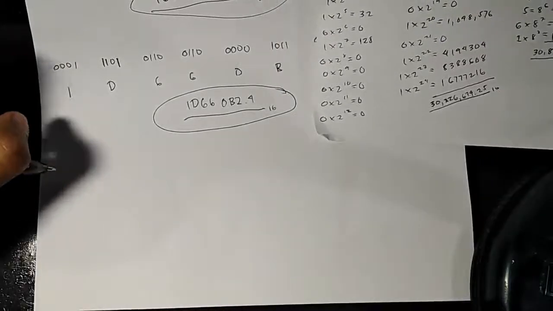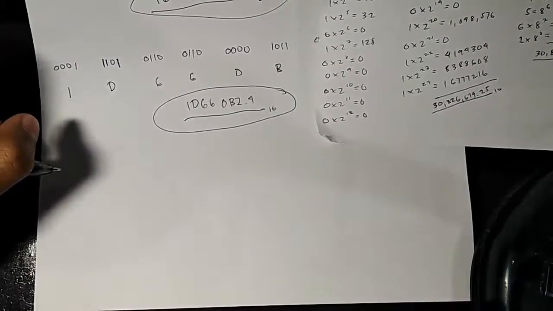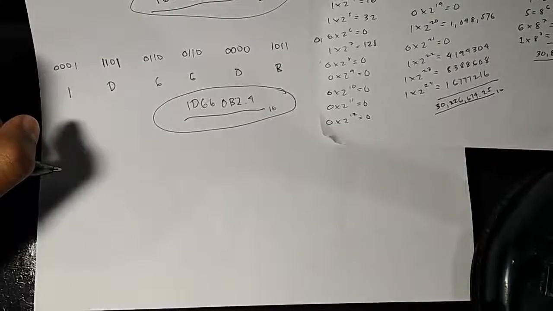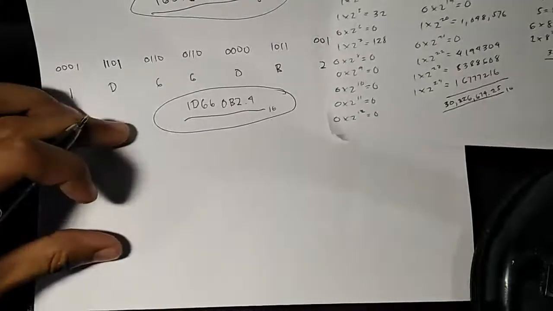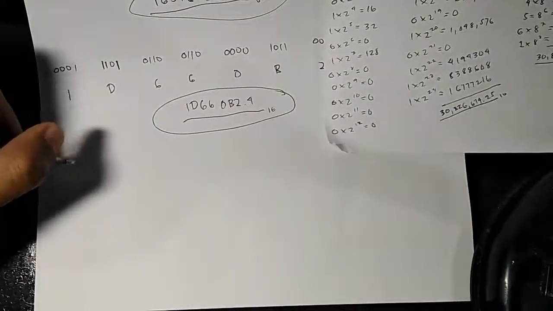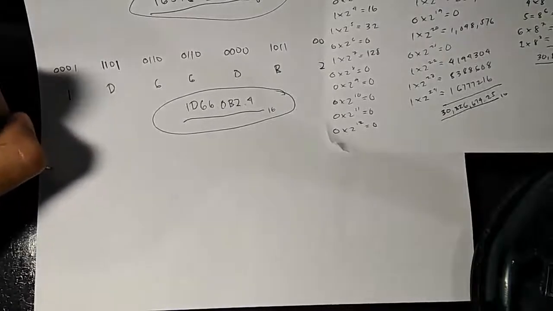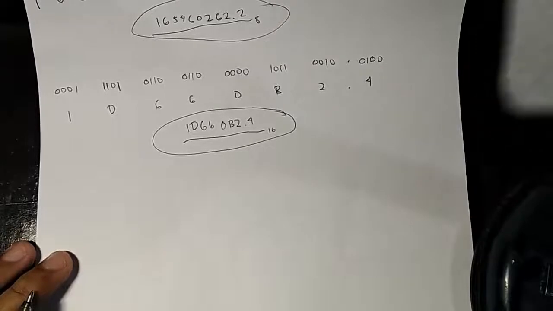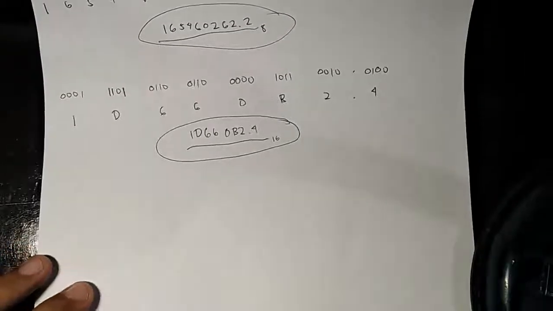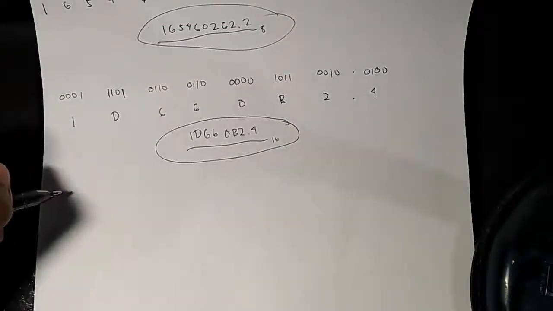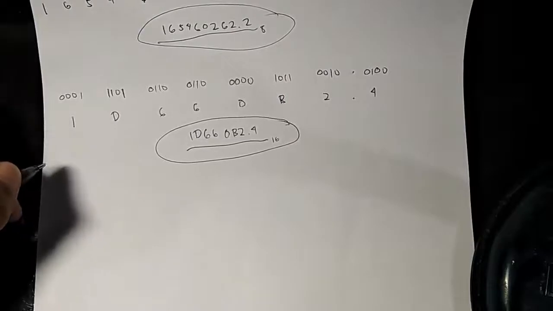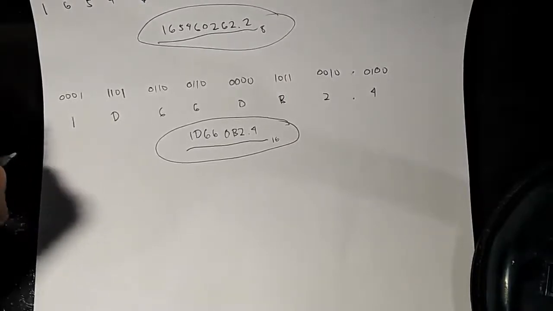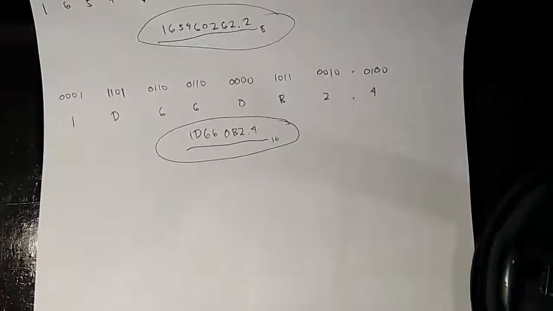If you wanted to convert back the given binary number into decimal form, you just have to multiply it to the base, depending on the base of the corresponding position. So what I mean is, let's have it here.